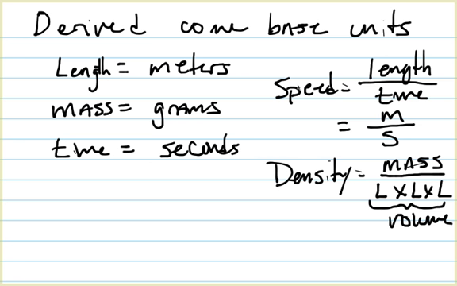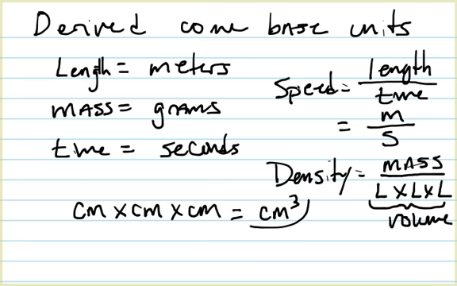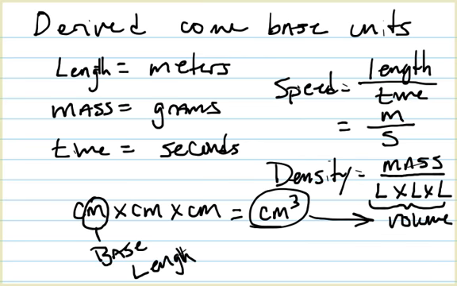Now if I'm going to use a centimeter, because we're going to use smaller measurements, if I have centimeter times centimeter times centimeter, that is going to give me centimeters cubed, and that is our volume measurement. You could have meters cubed, you could have other things, but as long as it's cubed, it's a volume measurement. That volume measurement is coming from the base unit of length, and therefore volume is a derived unit.